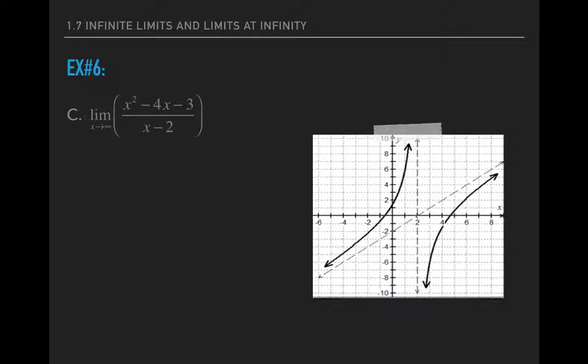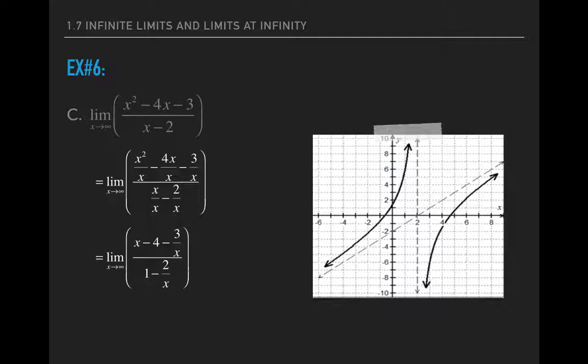The third type of scenario is when you're top heavy, when the power in the numerator is more than that in the denominator. Here, the highest power in our denominator is x, and we're dividing every term by that. When you simplify, it'll be x minus 4 minus 3 over x, all of that over 1 minus 2 over x.